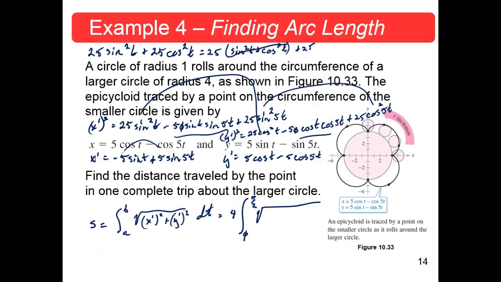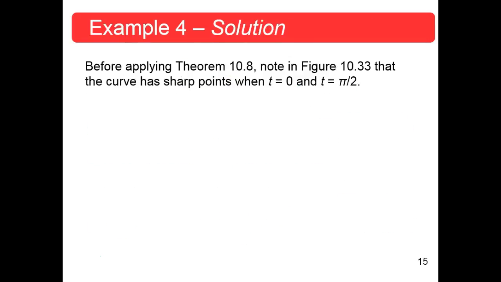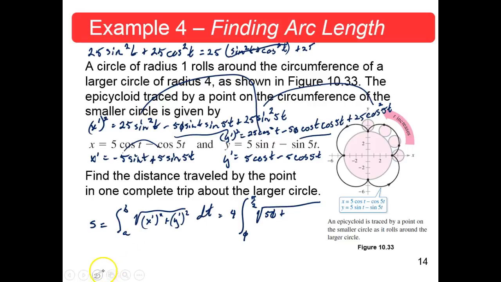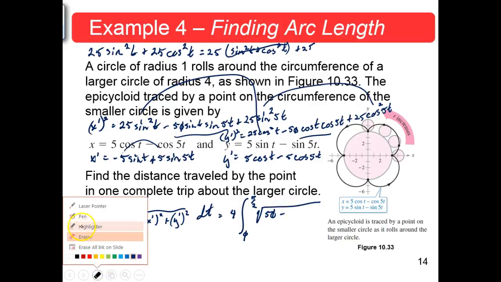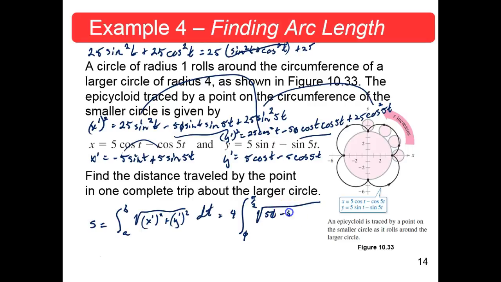And I think that's going to be 25 plus 25 is 50, plus, yuck, only it's a minus, 50, this is such a pain in the neck, sine t, sine 5t, minus a 50 cosine t cosine 5t.